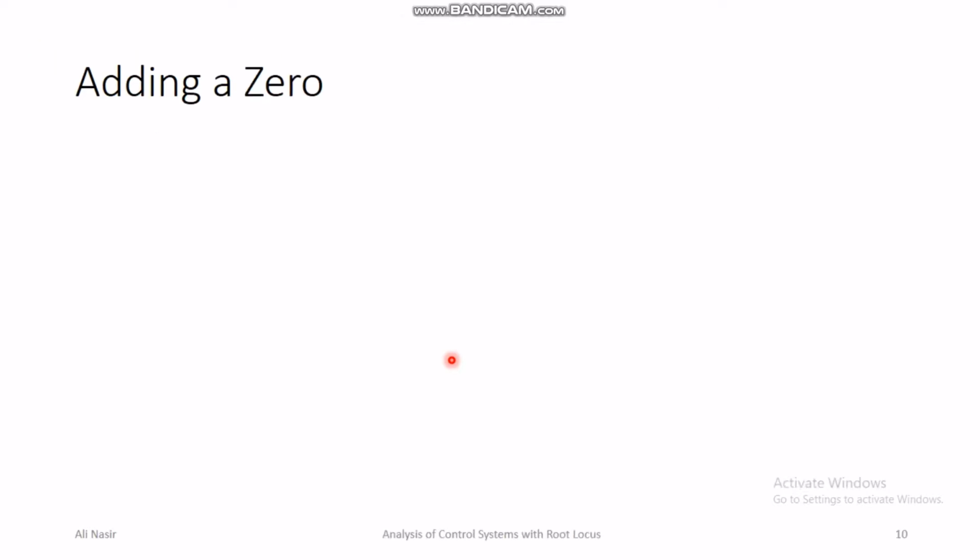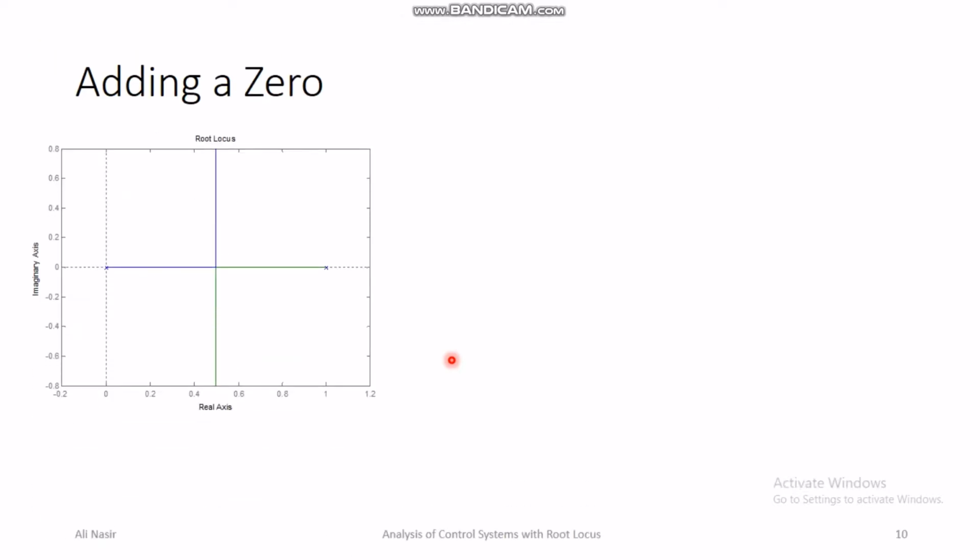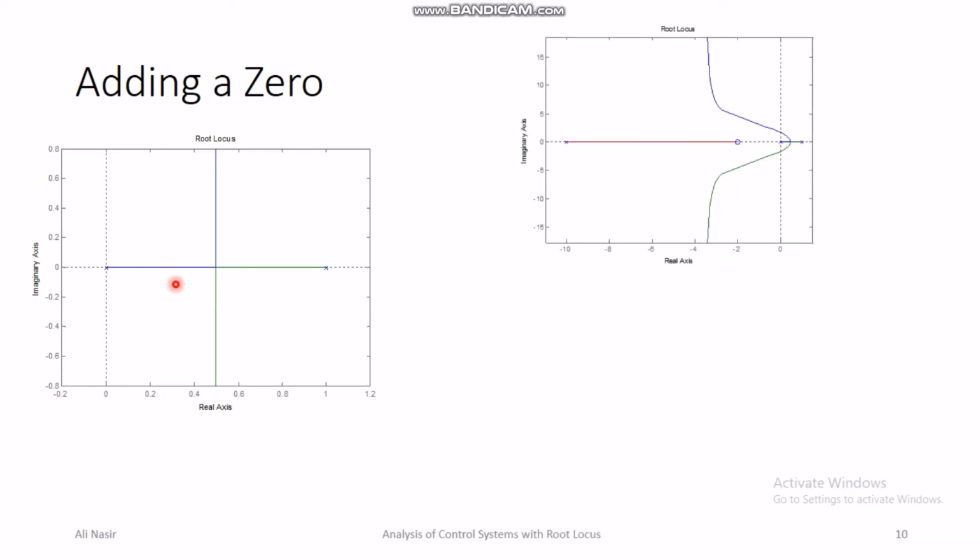What happens when we add a zero? We can see this in the very first example that we discussed in this lecture. You remember that when there were no zeros in the system, we had this sort of scenario where the root locus was not entering the left half plane. But once we added a zero in the left half plane, the root locus bent towards the left half plane, and we were able to achieve asymptotic stability.